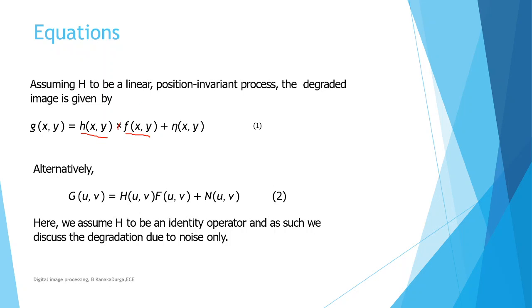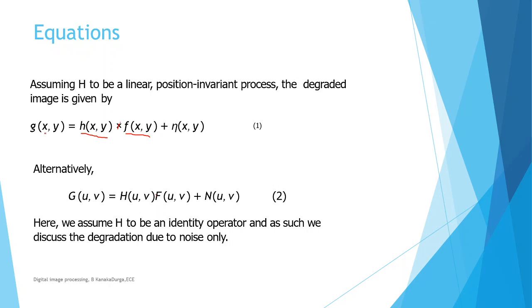This is with respect to the spatial domain parameters. If I convert them into the frequency domain, how does the equation go? When converting from the spatial domain to the frequency domain, the degraded image g of u comma v is equivalent to h of u comma v, multiplied with f of u comma v, plus n of u comma v.